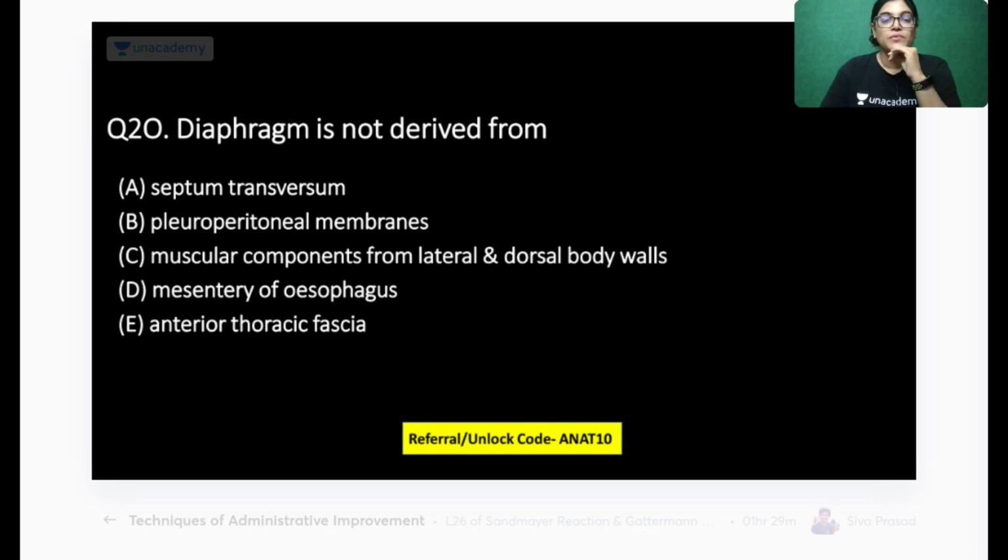Question number 20: which of the following components does not give rise to the embryological development of the diaphragm? Your time begins now. Mark the correct answer.